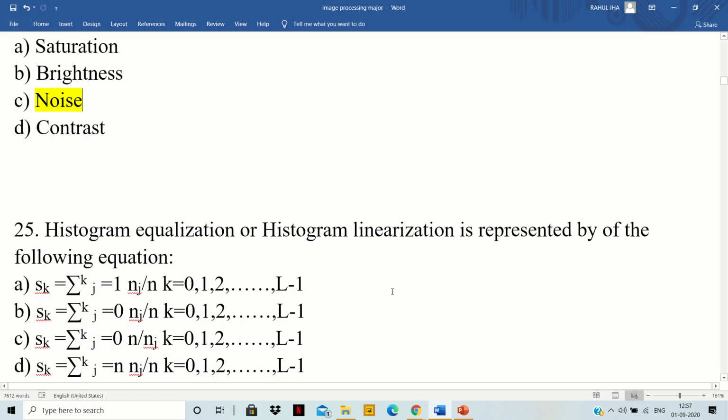Histogram equalization or histogram linearization is represented by the following equation. What is L? L is the number of intensity levels in the image. Okay, there is a range of intensity levels which is maximum 255. Okay, n is the total number of pixels in an image here in this equation.